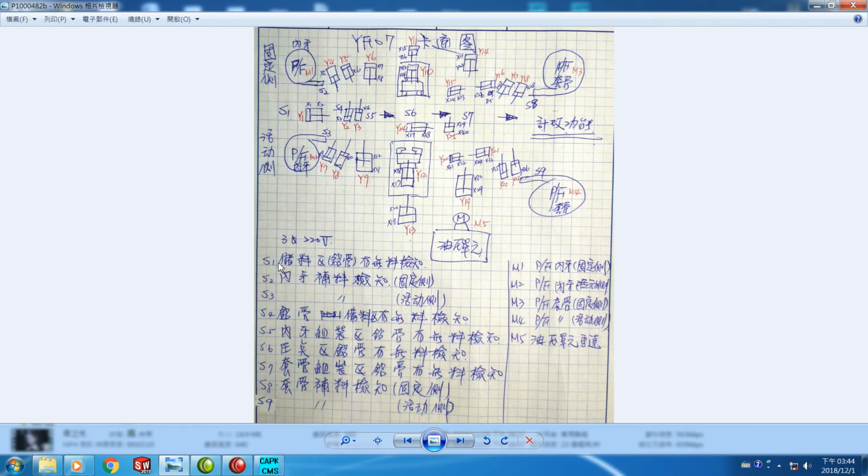The 9 sequences S1 to S9 are similar to X input sensors, but this S is for sequence use.